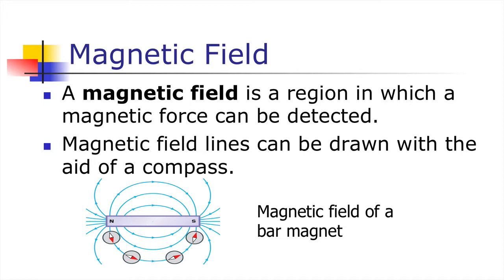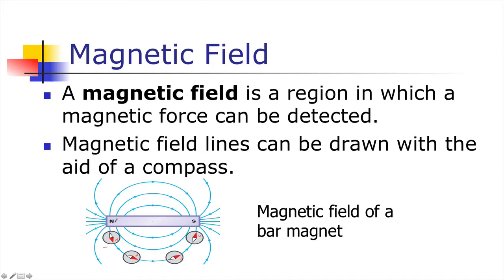If you take small compasses and put them around a magnet, they are going to align themselves. This is the north pole of this compass, this is the north pole of this compass. In general, the direction of the magnetic field will run from north to south pole.